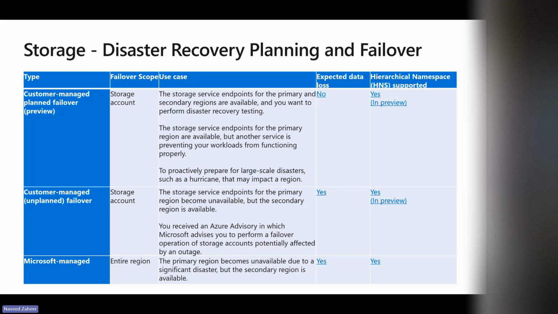It's a very controlled experiment. I would call unplanned failover a last ditch, break glass thing. But this one is a controlled experiment, like how your application will function if you have to do a failover between primary and secondary. Any questions?